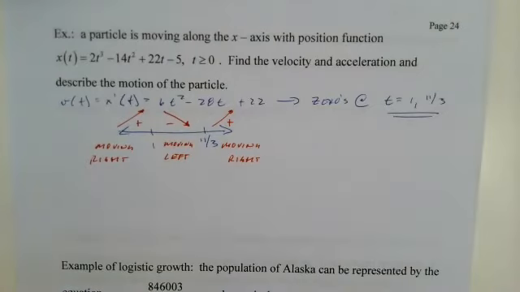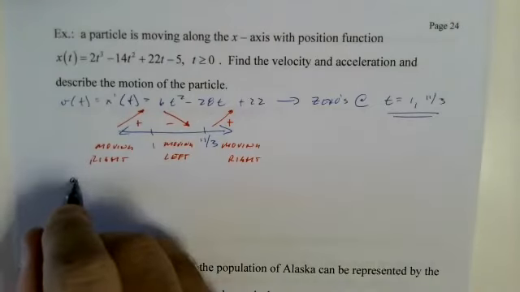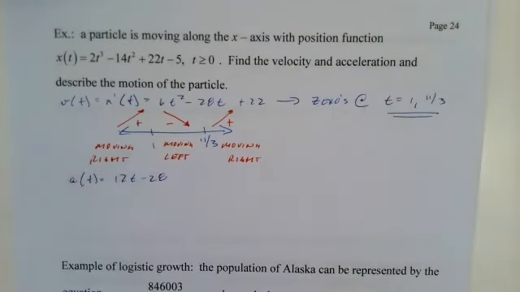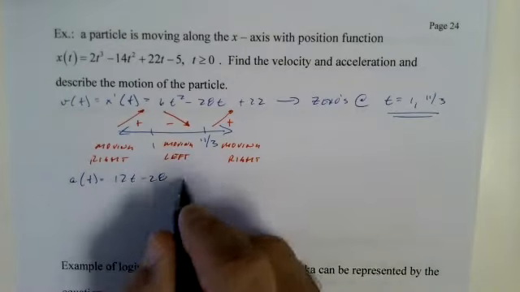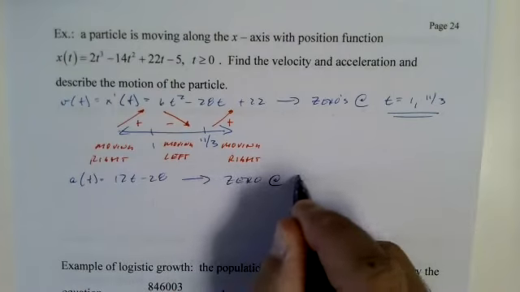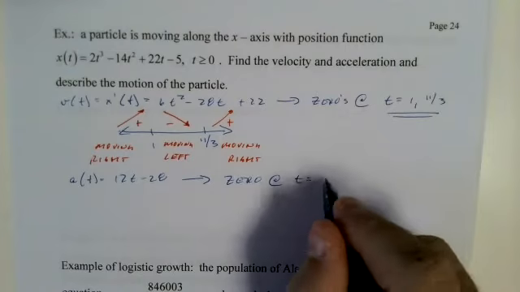All right. Let's go find the acceleration. A of t equals 12t minus 28. Zero at t equals 7/3.